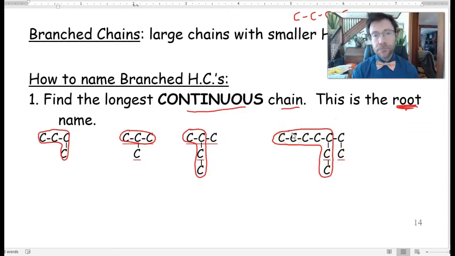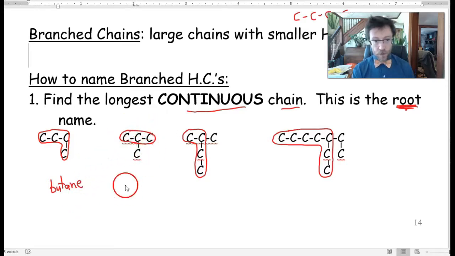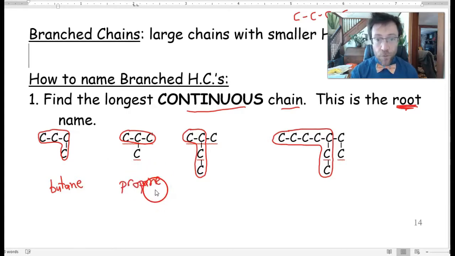Nice. So let's go back and name them. Meth, eth, prop, but. So the root name for this guy is going to be butane. For this one, meth, eth, prop, the root name is going to be propane. Meth, eth, prop, but.